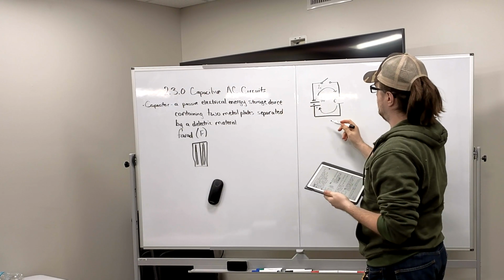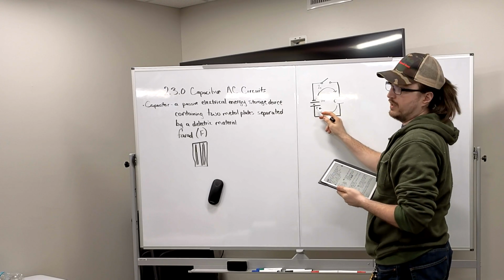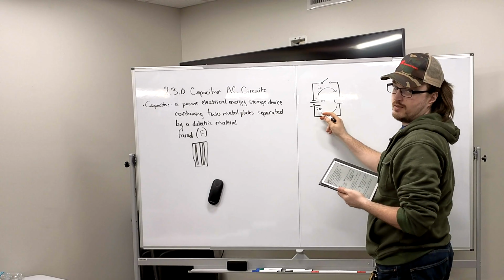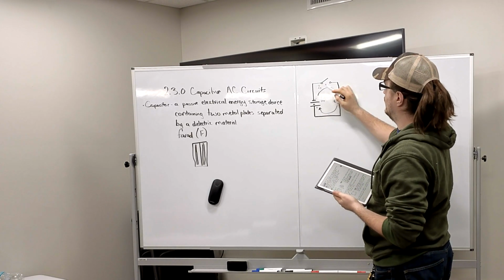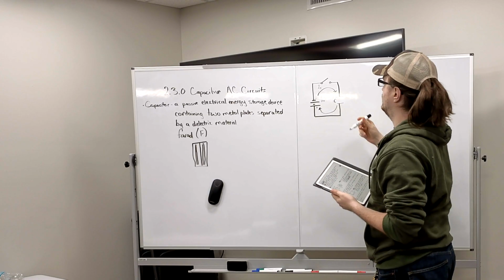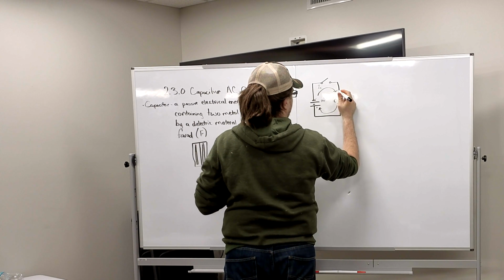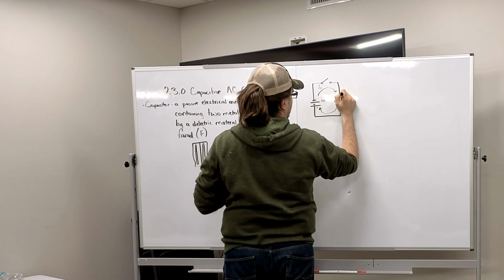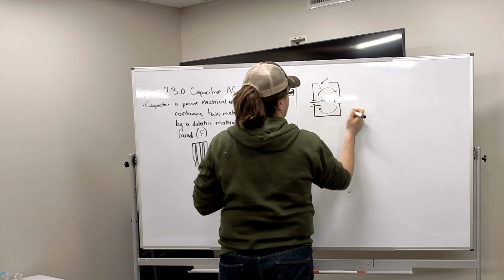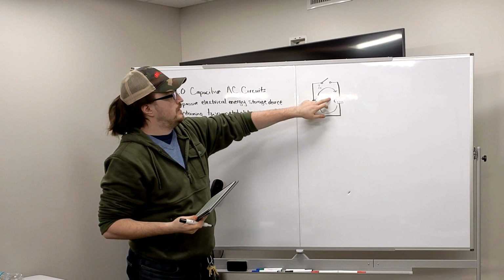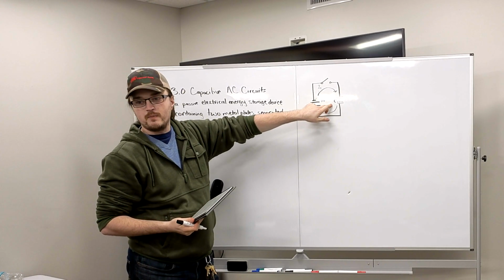It's going to pull electrons from here and bring them here because this is positively charged and electrons are negatively charged. It will force electrons away from here to here because it's negatively charged. So you end up with a capacitor that is negatively charged on one end and positively charged on the other end.